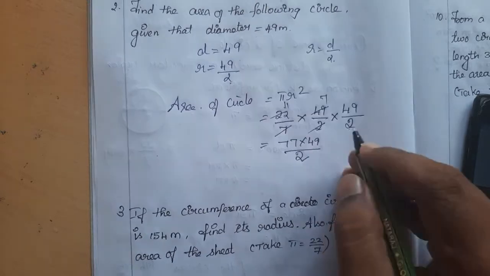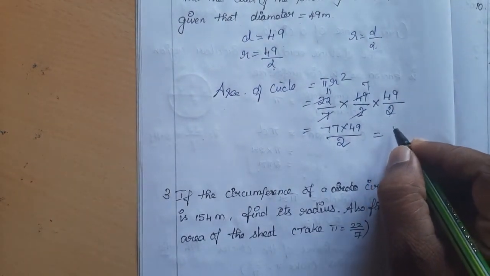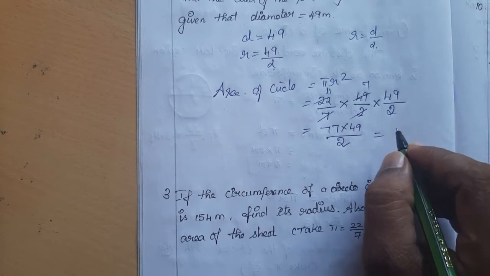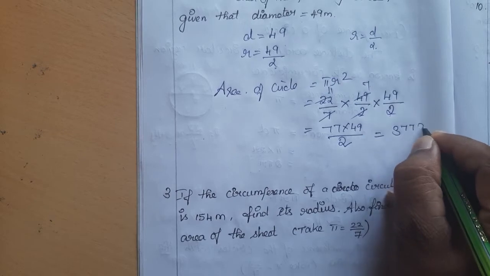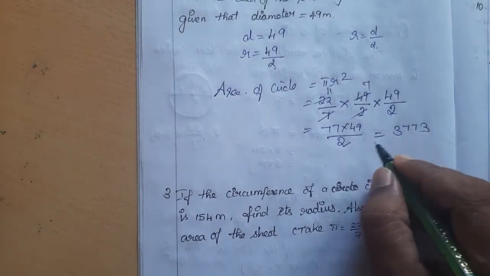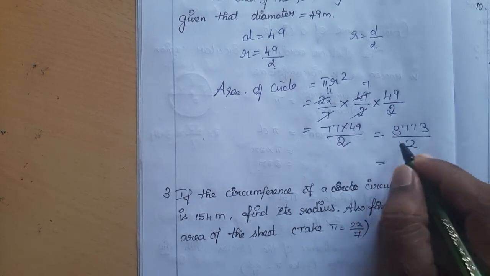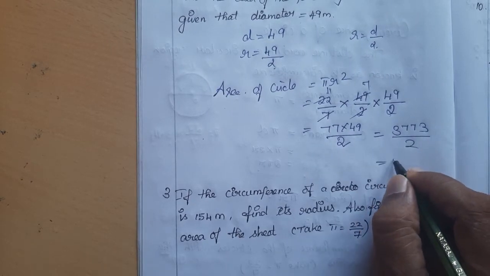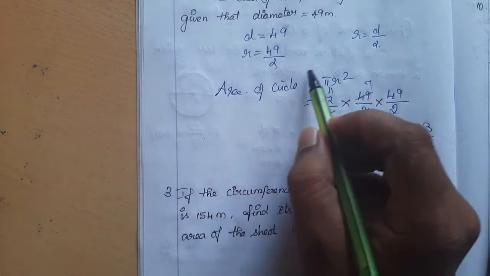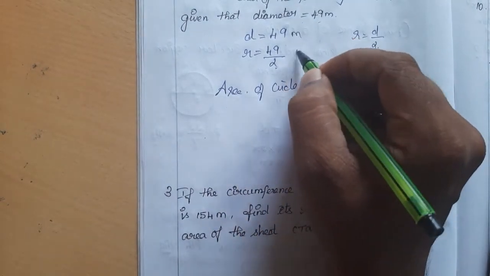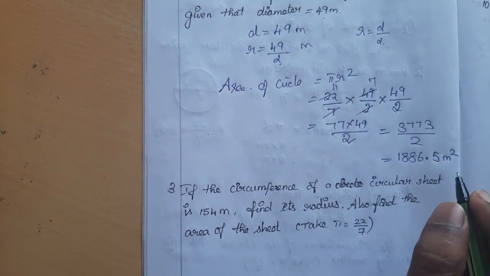If you multiply 77 and 49, we will get 3773, and dividing by 2, that is half of it, we will get 1886.5. It's an area and it is given in meters, so it is meter square.